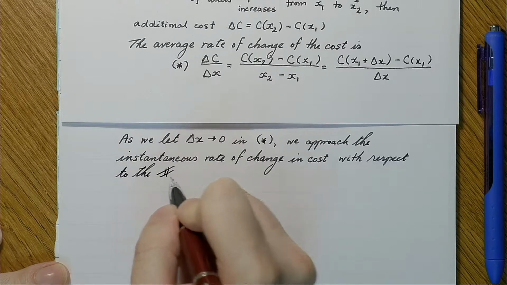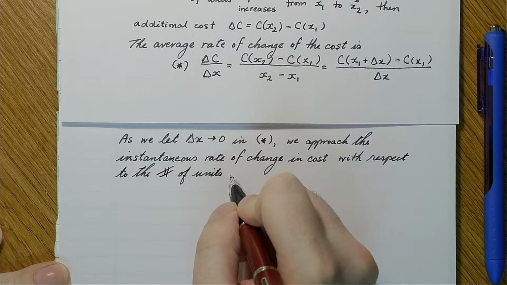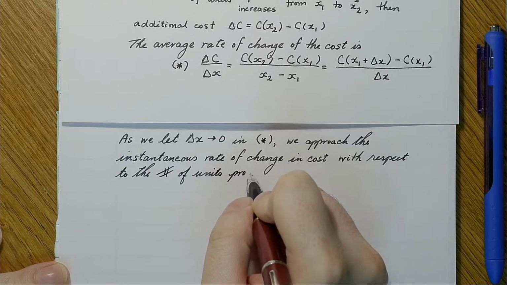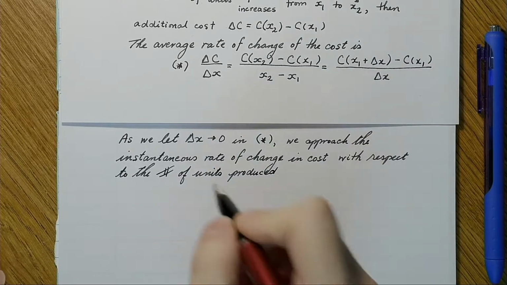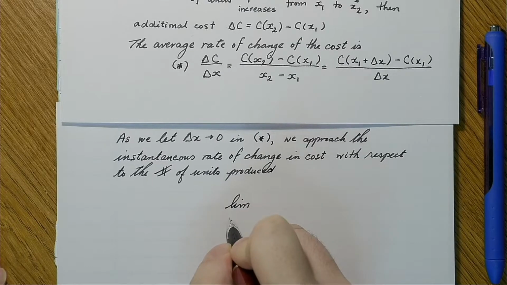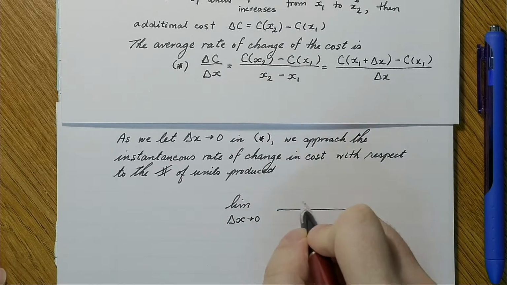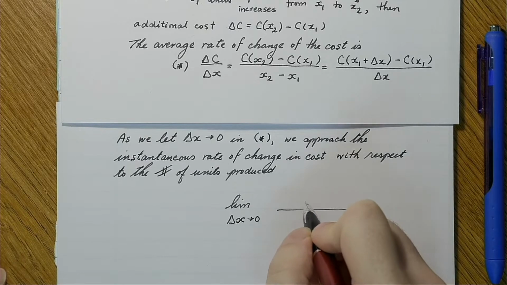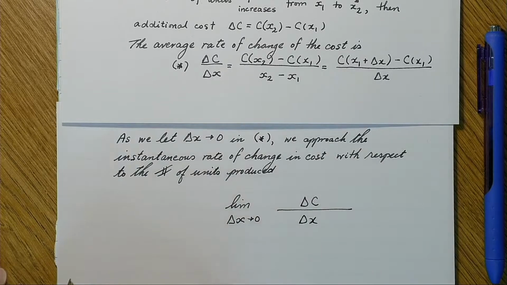So when we do that, we're going to have a limit, and following our idea here, we're going to let that change in the units get really small. And that's the derivative.